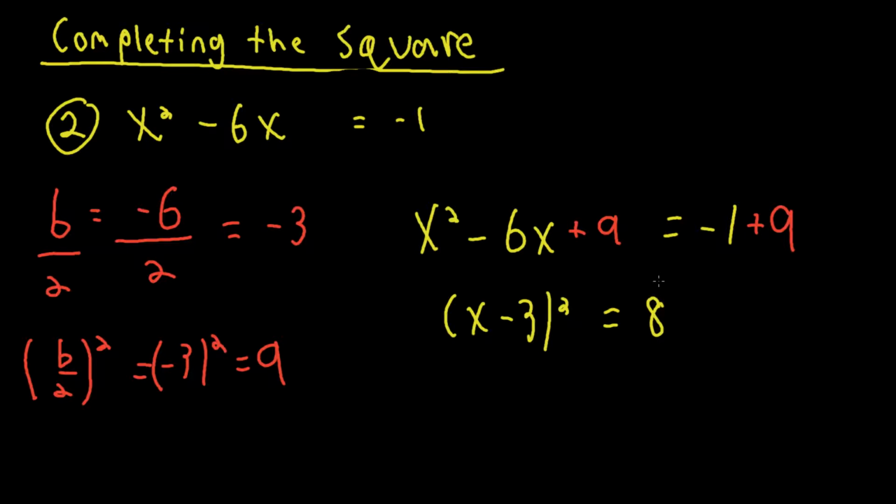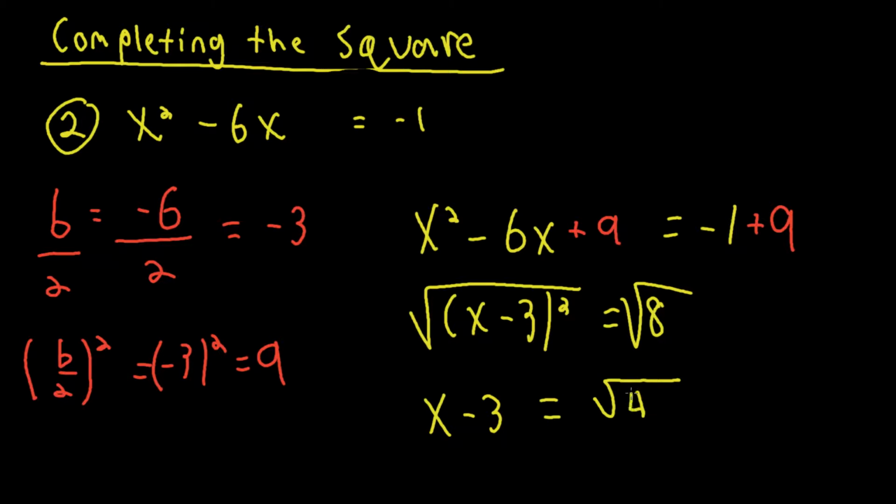Now I'm going to take the square root on both sides. So take the square root on both sides. The square root of x minus 3 squared is just x minus 3. And the square root of 8, well, we can look at that like this: square root of 4 times 2.